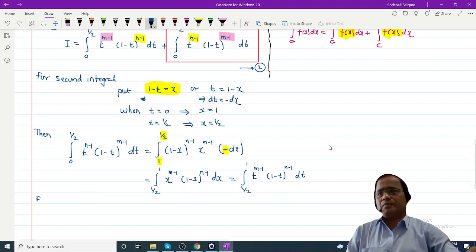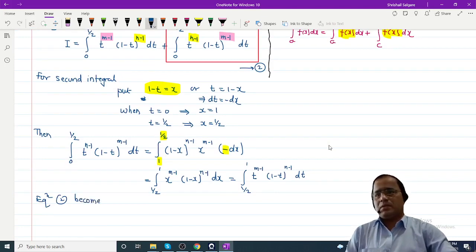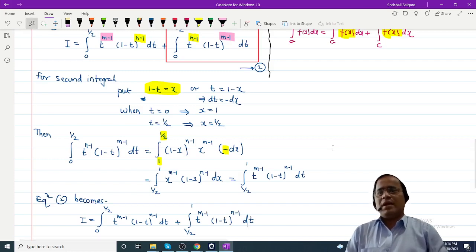Therefore, equation 2 becomes I is equal to, first integral no change, 0 to 1/2 t raised to m minus 1 into 1 minus t raised to n minus 1 dt, plus the second integral replaced as 1/2 to 1 t raised to m minus 1 into 1 minus t raised to n minus 1 dt. Okay. Now I will use this property.